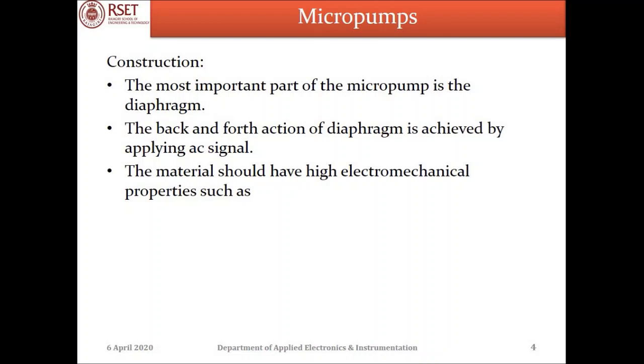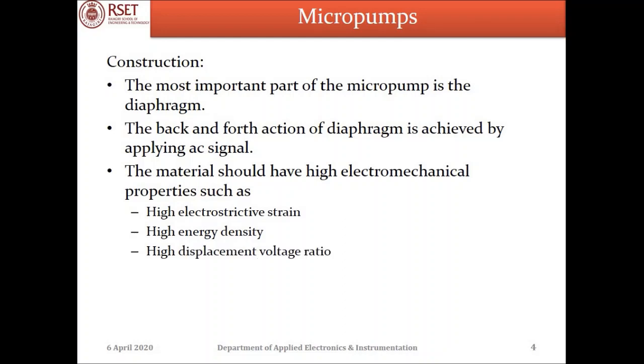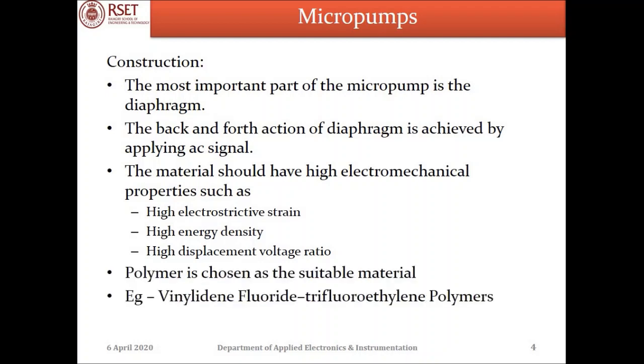The material should have high electromechanical properties such as high electrostrictive strain, high energy density, and high displacement voltage ratio. One such material which fulfills all these properties is the polymer. And one example is the vinylidene fluoride.